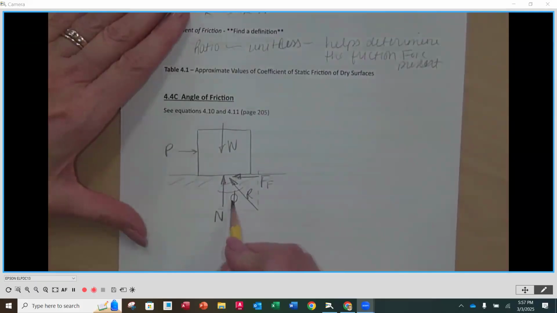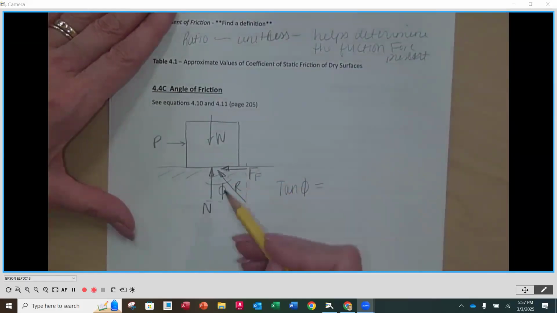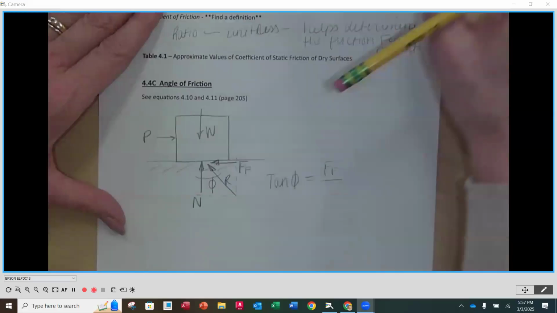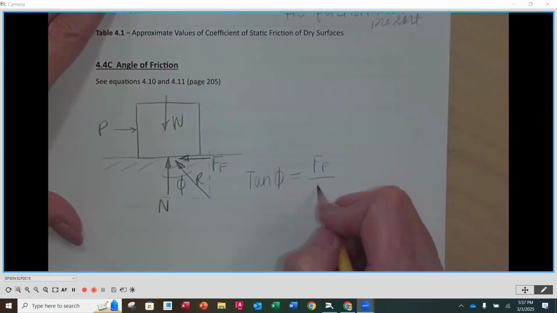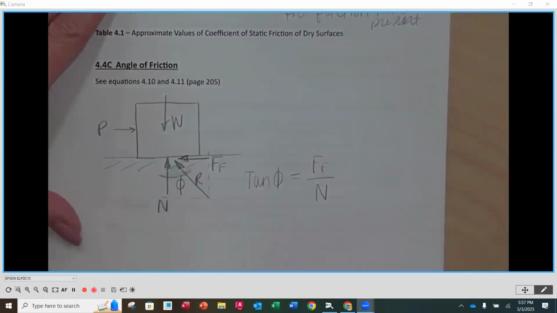Now, as I look at phi, I can say that tangent of phi is going to be equal to the side opposite, which would be the friction force, divided by the normal force. So the side opposite that angle, if the angle is right here, would be the friction force divided by the normal force.